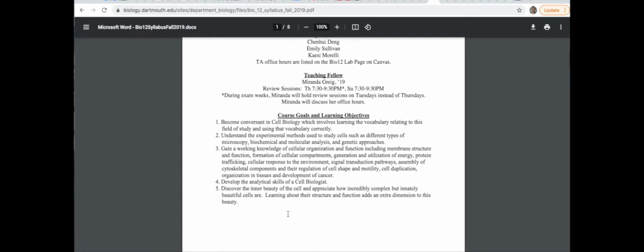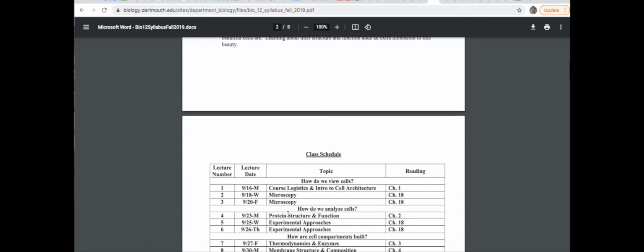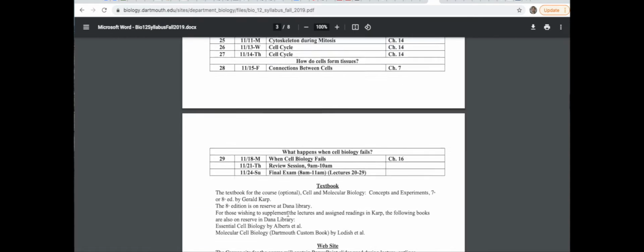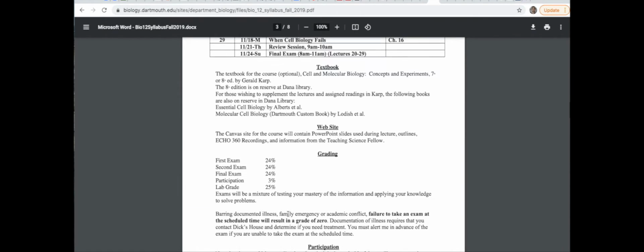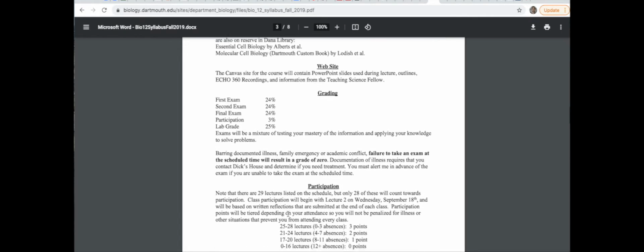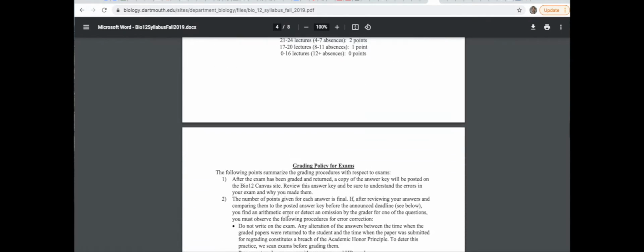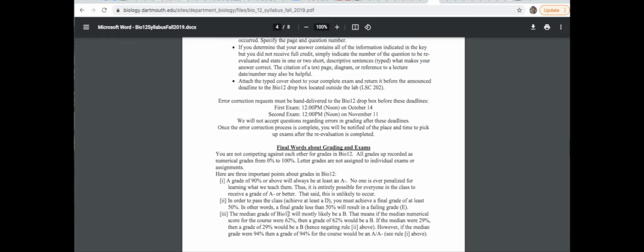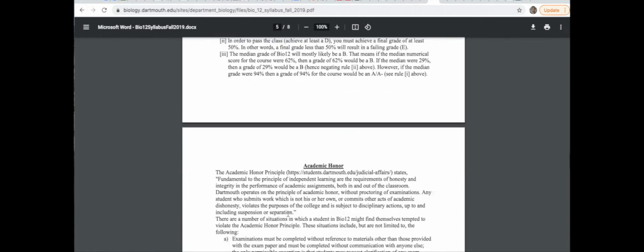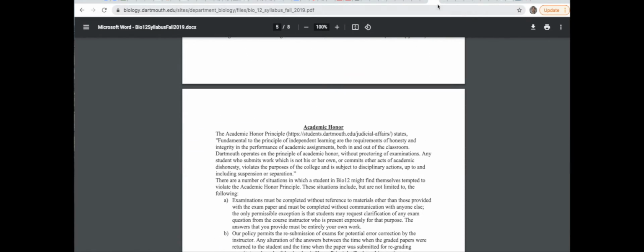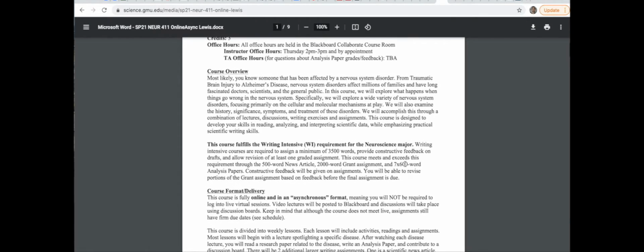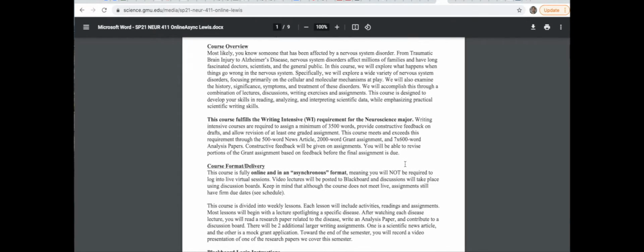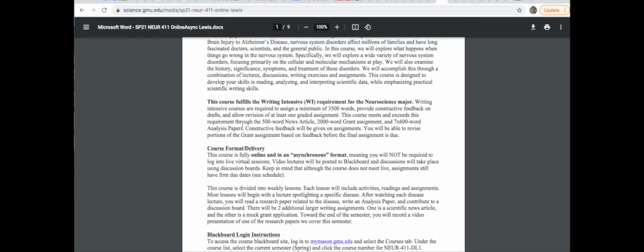Here's a syllabus. In the syllabus, you'll want to try to find a syllabus that maybe has a writing intensive element to it. You'll notice that in many of these science classes, especially the intro, there's a lot of exams, and maybe the writing and communication styles are hidden in the actual participation of the course.